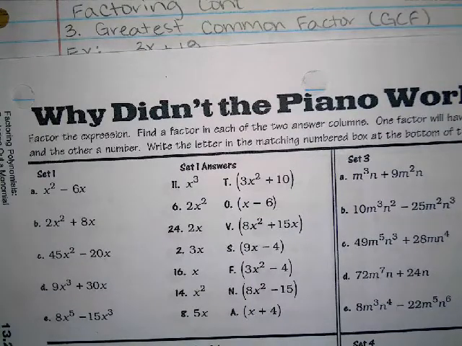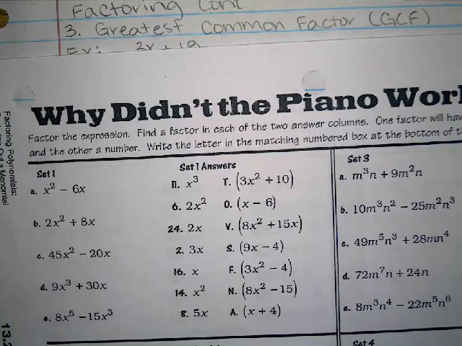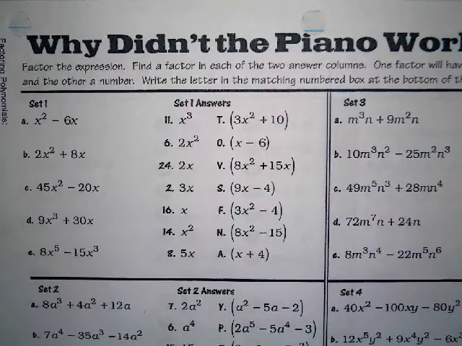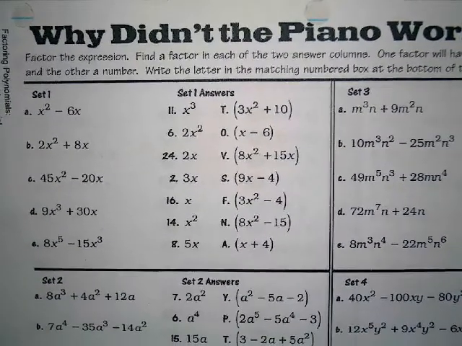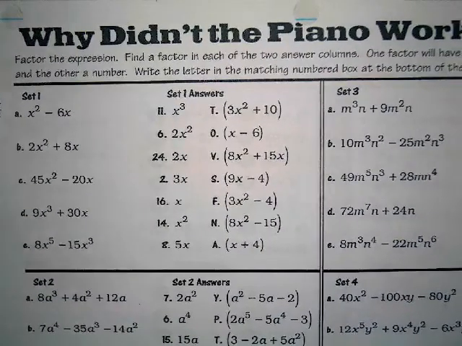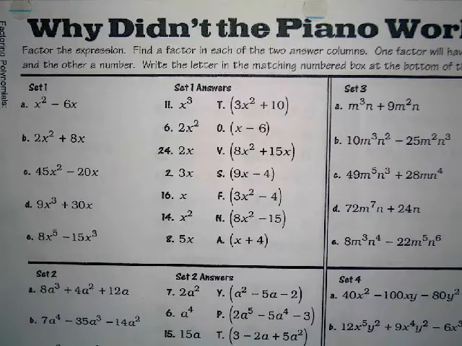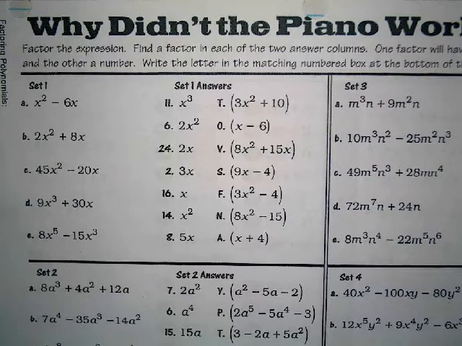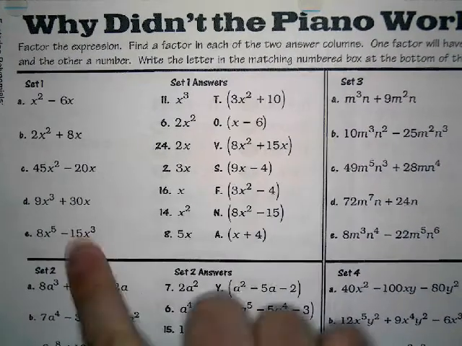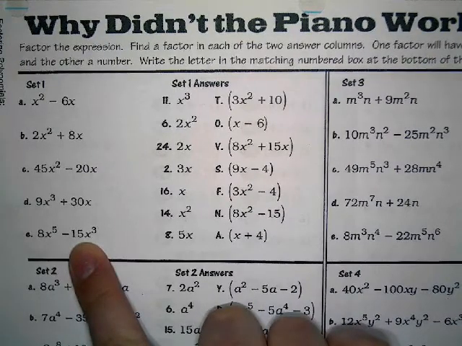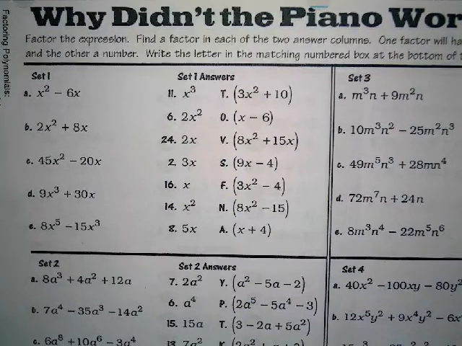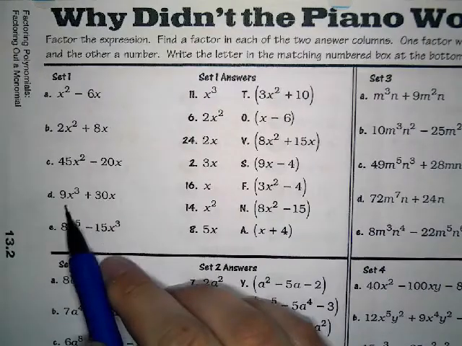So if we look at this, what problems seem intimidating? Because I know there are definitely some intimidating ones on this sheet. We can do a bunch of them. Let's maybe choose one from set 1. D? Okay.